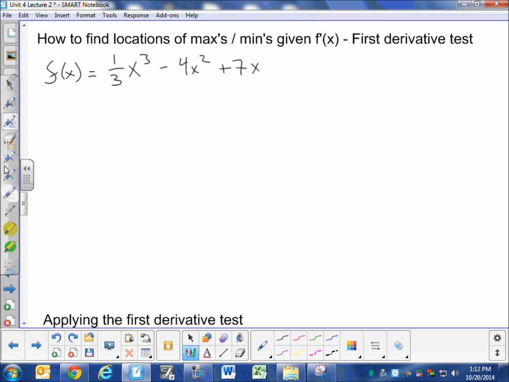Step 1 to find locations of maxes and mins is to do what? Find the critical points. That's it. Take the derivative of that, set it equal to 0.